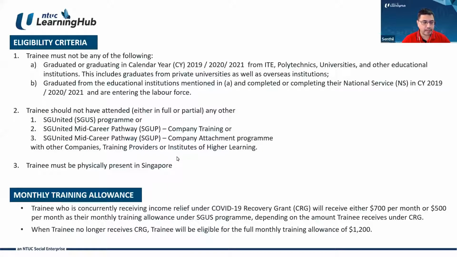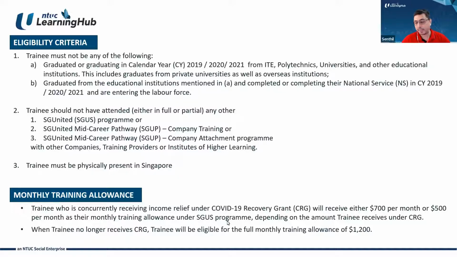The next topic, the monthly training allowance. In the earlier slide, I mentioned participants are eligible for a monthly training allowance of $1,200. But please take note, trainees who are concurrently receiving the income relief scheme under the COVID-19 recovery grant will receive either $700 or $500 per month as part of their training allowance under SGUS.